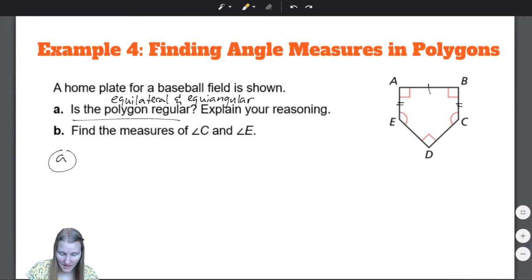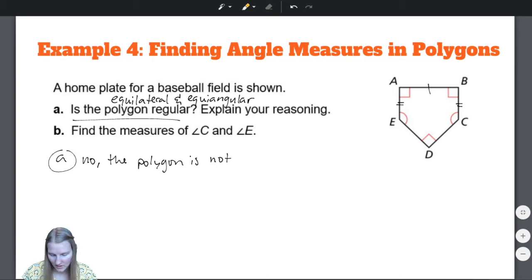So we can say, no, the polygon is not regular because it is not equiangular.